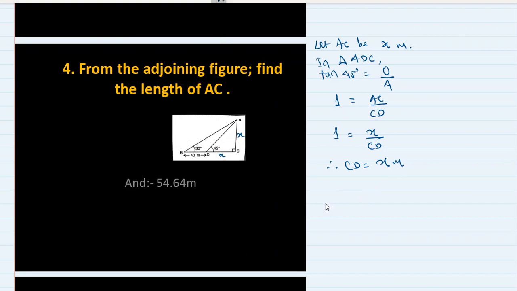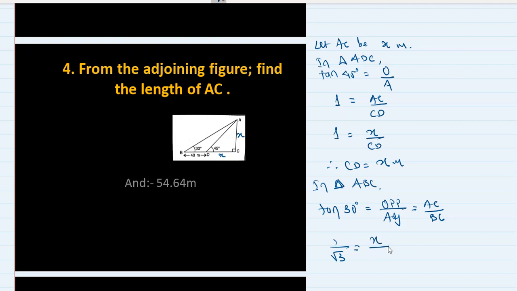Okay. Now we take the bigger triangle, that is triangle ABC. In this bigger triangle ABC, we will compare the opposite and the adjacent. That is tan. Tan of angle 30 is opposite upon adjacent, which is AC upon BC, because we are taking the bigger triangle. And tan 30 is 1 by root 3.